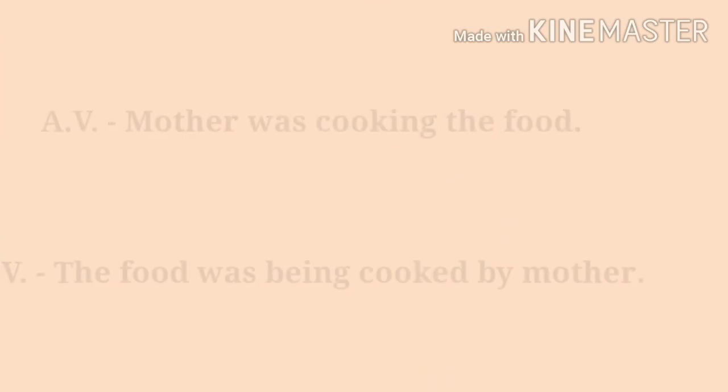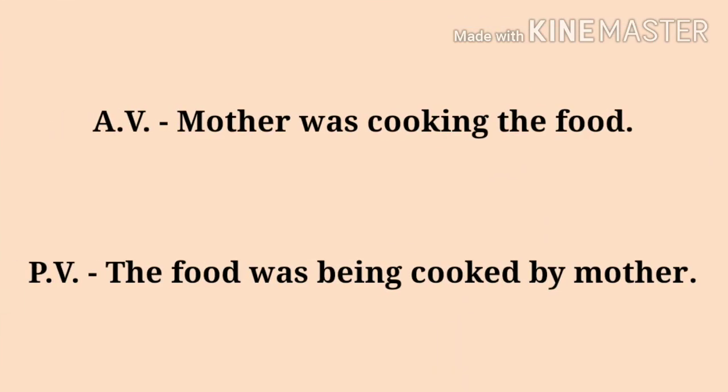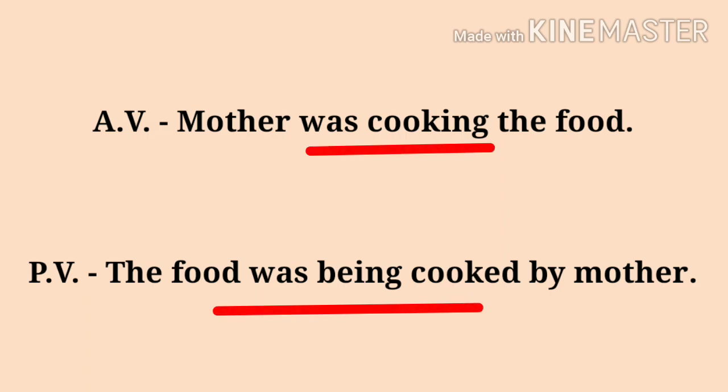Let's see an example. In active voice, the sentence is mother was cooking the food. It changes into passive voice and the sentence is the food was being cooked by mother.